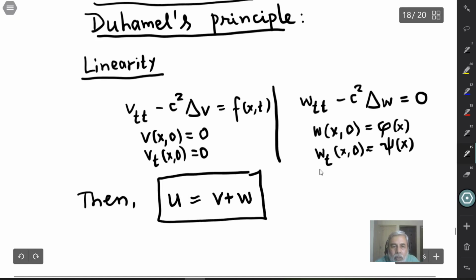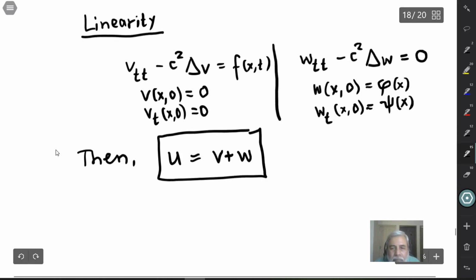So whenever there is linearity, we will always try to exploit it and generate simpler problems to solve. So this one, at least for n equal to 2 and 3, this solution is given by Kirchhoff.